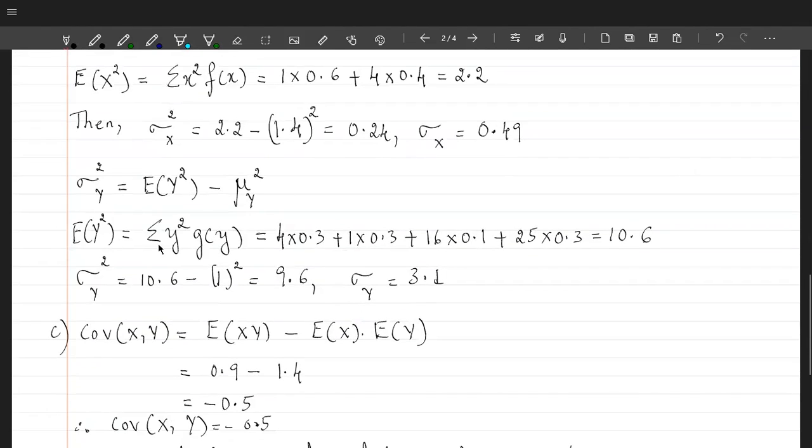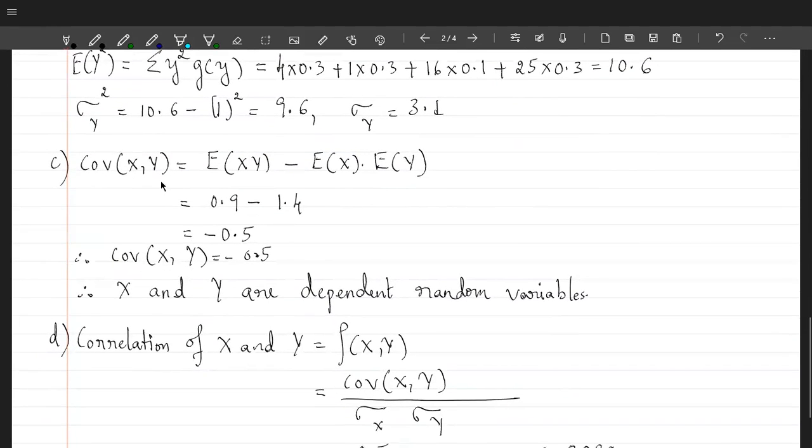So E of y square will be equal to 10.6, and sigma y square will be equal to E of y square, which is 10.6, minus mu y, calculated earlier, it is 1. So mu y square will be 1 square. You solve it, you get 9.6. So variance of y is 9.6. Then standard deviation of y will be root of 9.6, which is equal to 3.1.